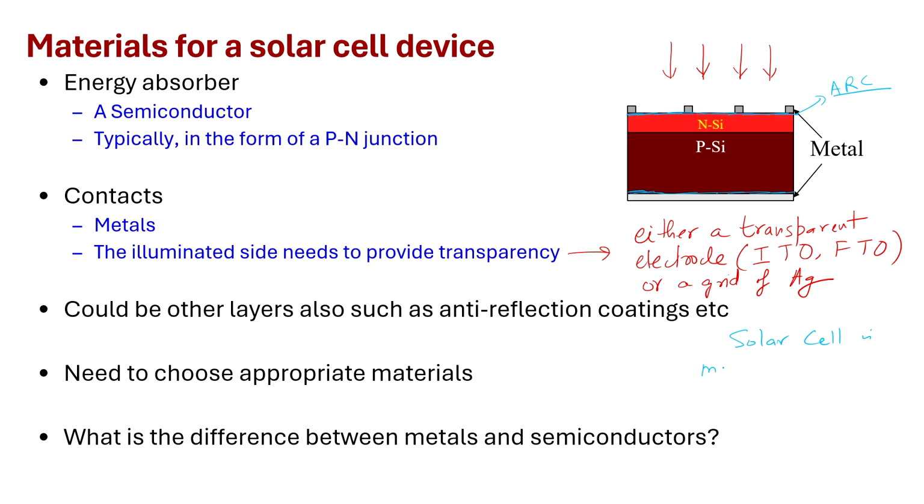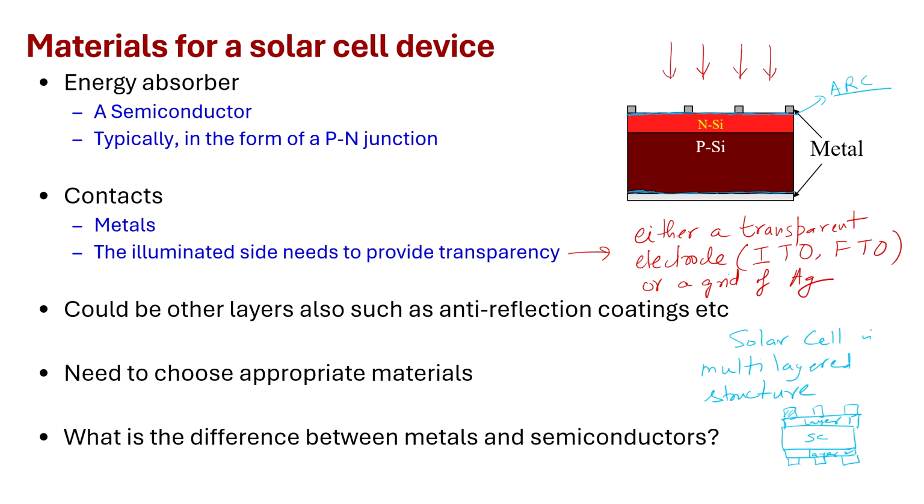So basically a solar cell device is a multi-layered structure. So we might have a semiconductor, on top of that there could be other layers, and all these layers have to be transparent to light, by the way. So there could be layer 1 here, there could be layer 2 here, and then on top we can have contacts, and on the bottom we can have contacts.